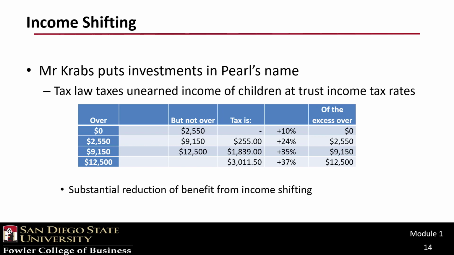And if you look at this table, you can see that very quickly the tax rates ramp up. By $12,500, you're already at the highest marginal individual rate. So what happens is that creates a substantial reduction in benefit from trying to do this sort of income shifting with unearned income, which is things like interest and dividends, rents and royalties.